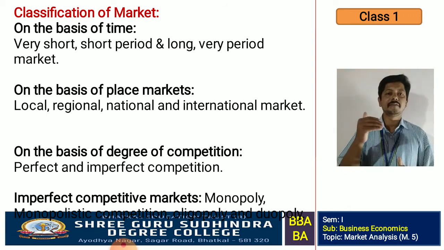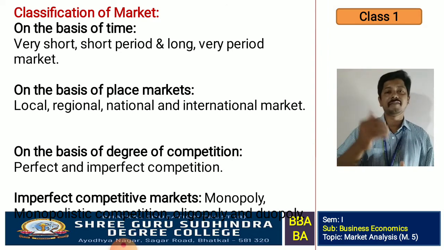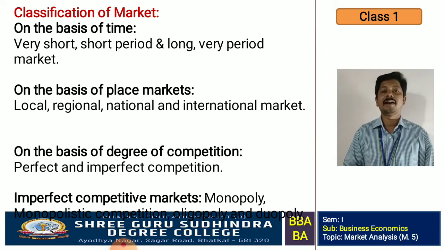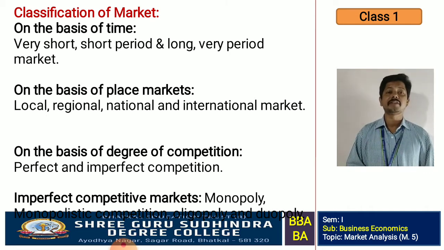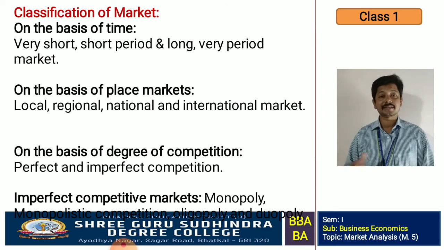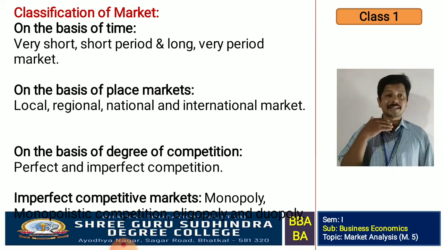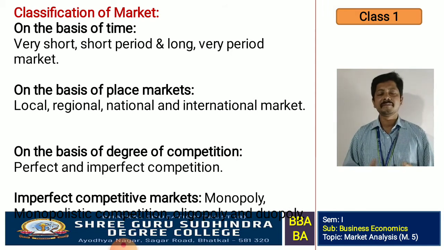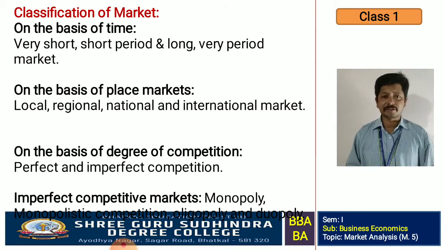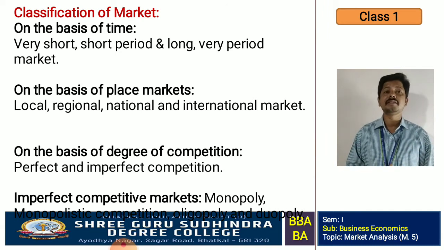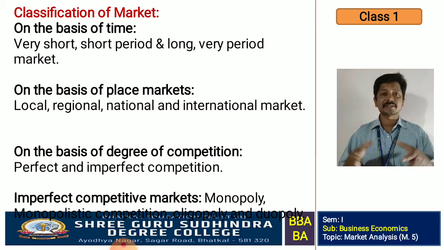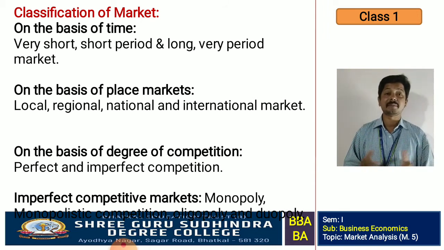On the basis of place, it may be a local market, regional market, national market, or international market. For example, if you are in the village, that's a very domestic market. The regional or local market, you can say a taluka place, right? Then national. So on the basis of location, markets can be divided into different types.